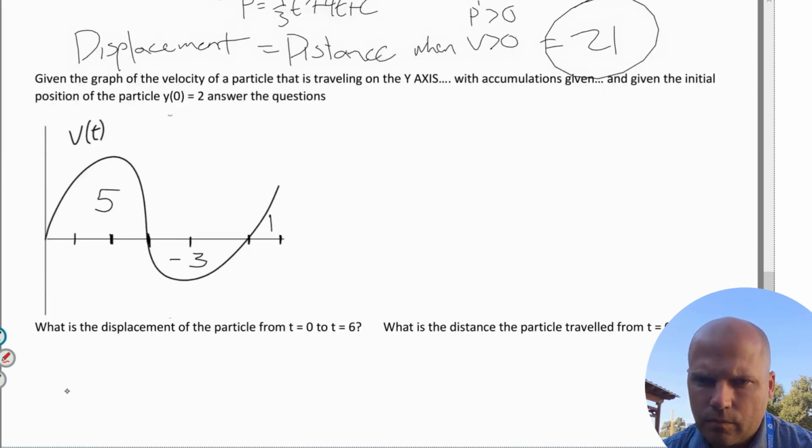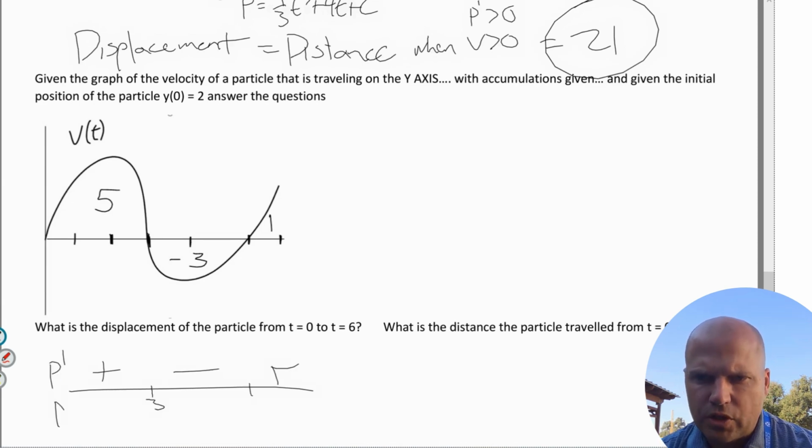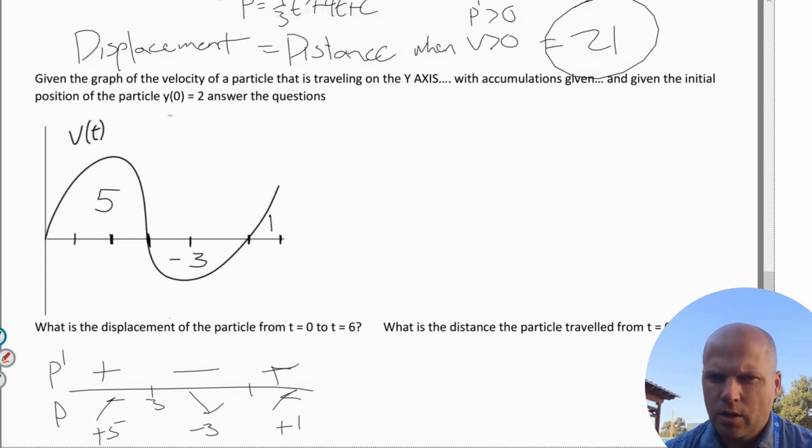Well, your derivative is positive, then negative, then positive. Your position increases, decreases, increases. It increases by 5, it decreases by 3, and increases by 1.